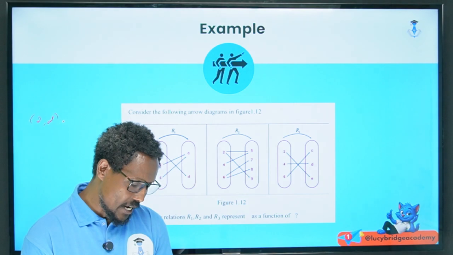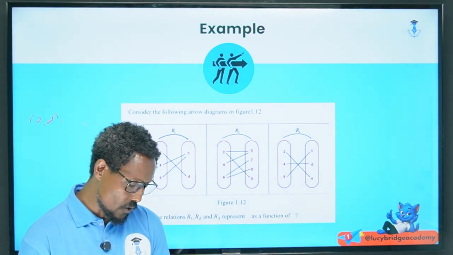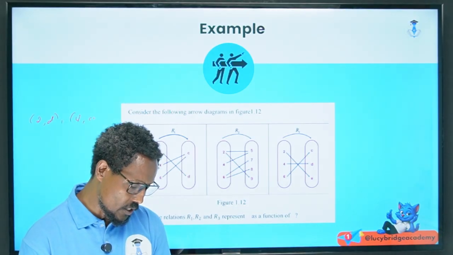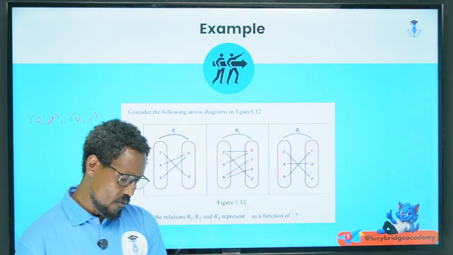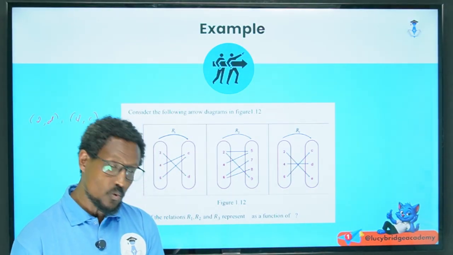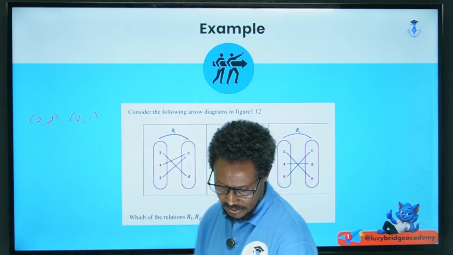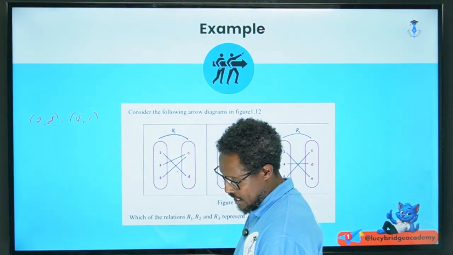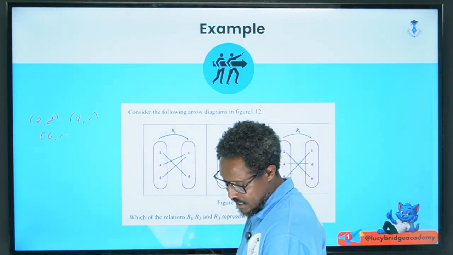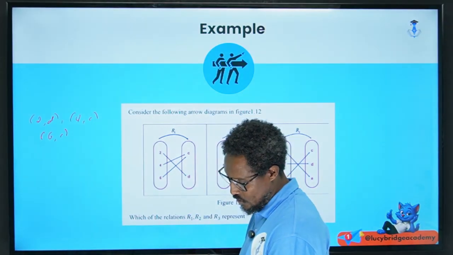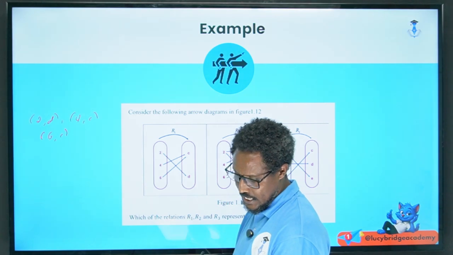Again, the image of 4 is C, so (4, C), and 6 maps to C. So we have (2, D), (4, C), (6, C).